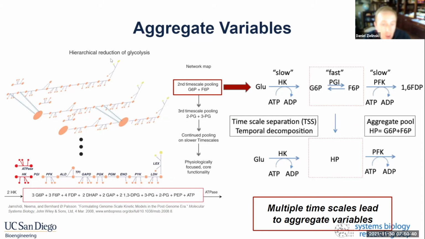So if we have our full network at this first layer, whatever the fastest processes are, they're going to happen immediately, at the fastest time scale, let's say 10 to the 9 seconds as an example. And then they're going to relax. They're not going to move anymore on slower time scales because everything that was going to happen already happened. They become internally relaxed, so they become an aggregate variable. As you go along longer and longer times, you get this kind of pool aggregation, and that ends up simplifying your network. You can get fast and slow subpools, and you can analyze those.